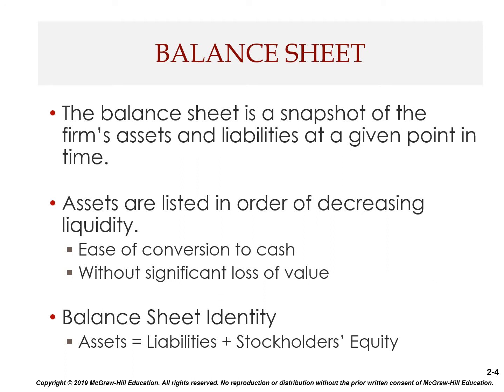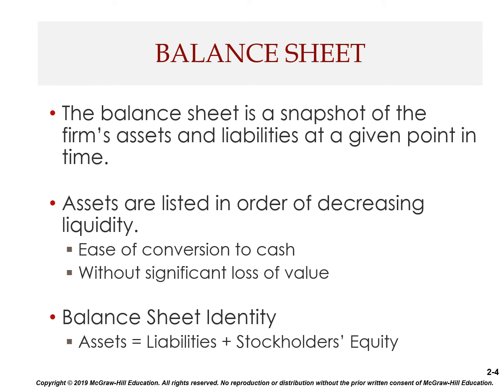Then we have liabilities on the other side, which there's current and long-term. Current liabilities are those that will be due in the coming year. Long-term liabilities or debt are due beyond the coming year. And then shareholders' equity, where we keep track of the amounts the company owes to the owners.